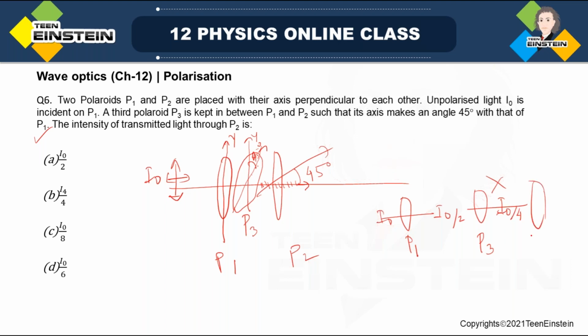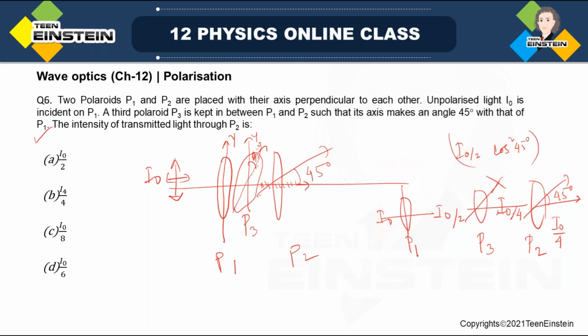I have another polaroid, P2, with which it makes an angle 45 degree again, like this, because this is the pass axis for this P2. Let me check: I0 by 2, then I0 by 2 cos square 45 degree.